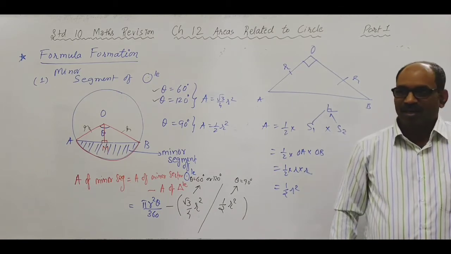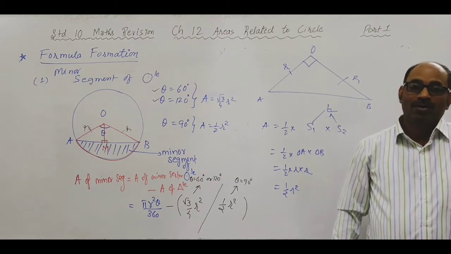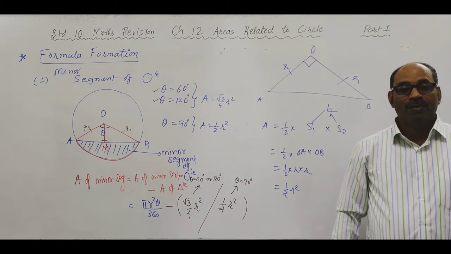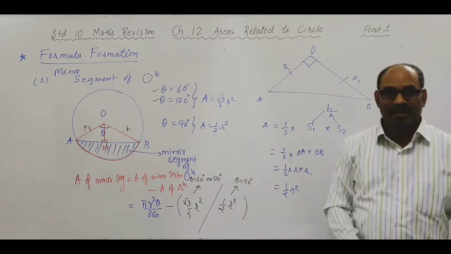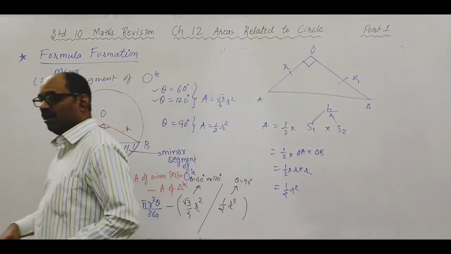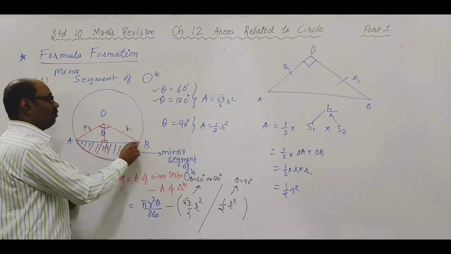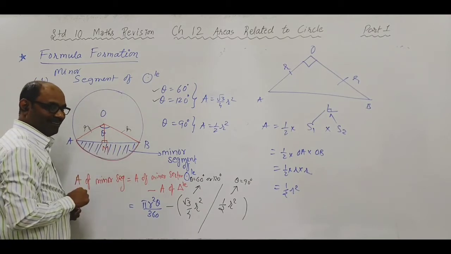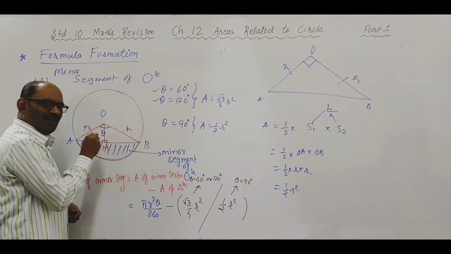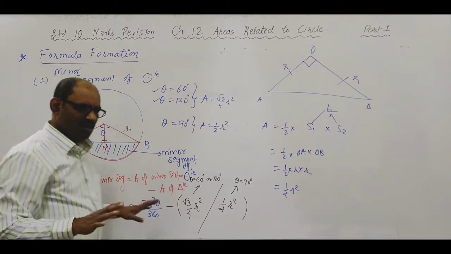Now what will you do when you have to find the area of major segment? This lined portion is the minor segment, the shaded portion is the minor segment. To find the major one, area of whole circle minus area of minor segment.